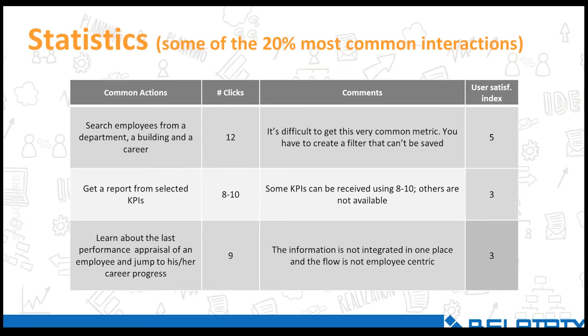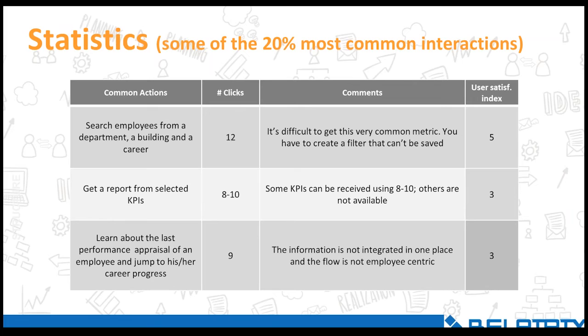For example, let's focus on the first row, they said that they wanted to search employees from a department, building, and a career, and it took 12 clicks to achieve that. And the most common comment was that it was very difficult to get this metric, and if you created a filter, that it couldn't be saved. And they rated it as a user satisfaction index 5 out of 10.